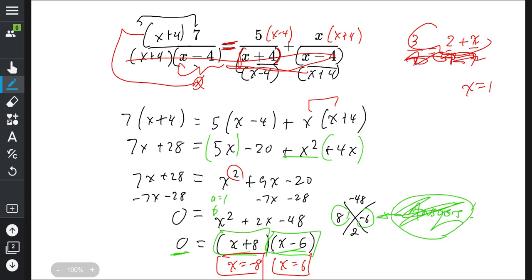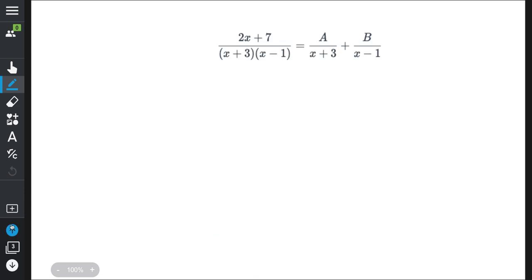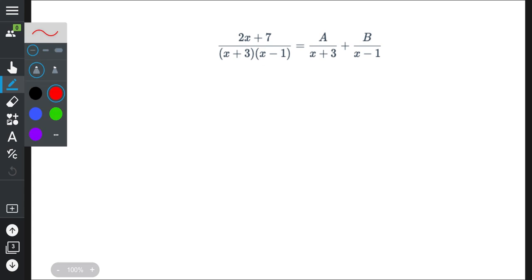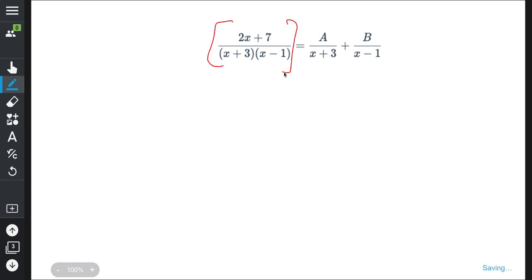However, this is not fraction decomposition. This is kind of just a warm-up, so that you're used to this process. This is fraction decomposition. You're going to be given a fraction, and in this case, it's already factored for you. You've got two plain factors here. And you're going to be asked to come up with two, this is doing the reverse, two fractions.